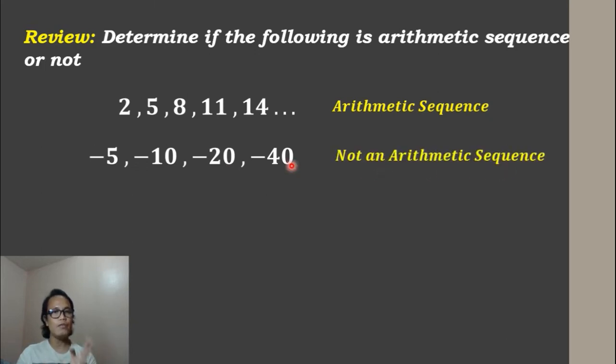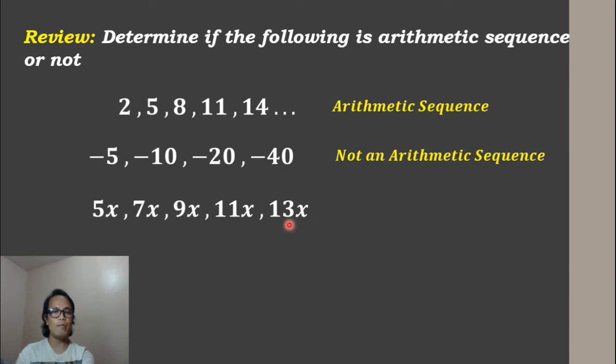So if the differences between the terms are not constant, meaning they are not equal, that sequence is not an arithmetic sequence. Another example, we have 5x, 7x, 9x, 11x, and 13x. Again, this is a finite sequence because it has no ellipses after the last term.